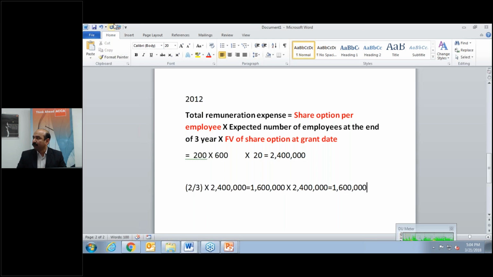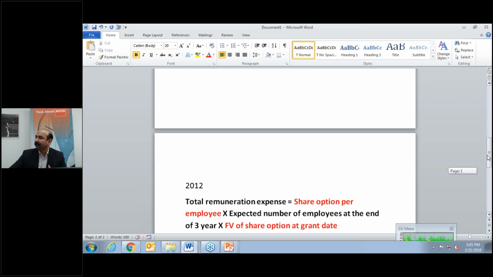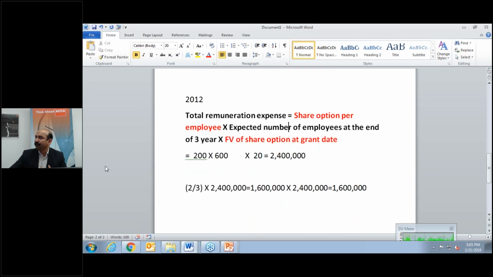Out of this amount, we have already recognized in 2011 853,333. So the amount which should be recognized will be 16 minus 853.